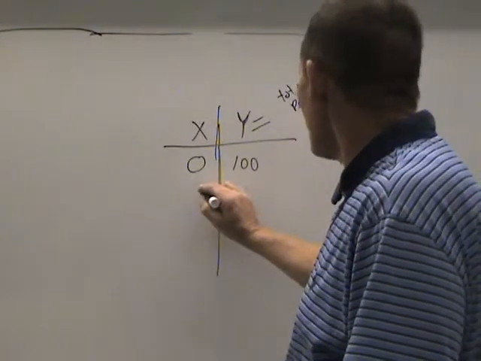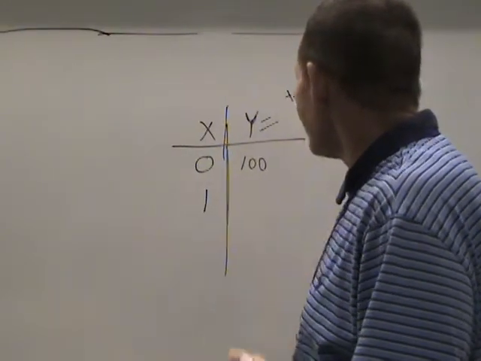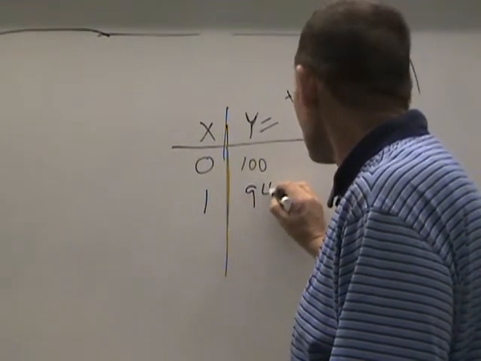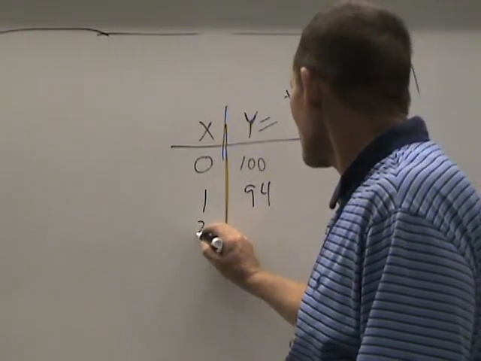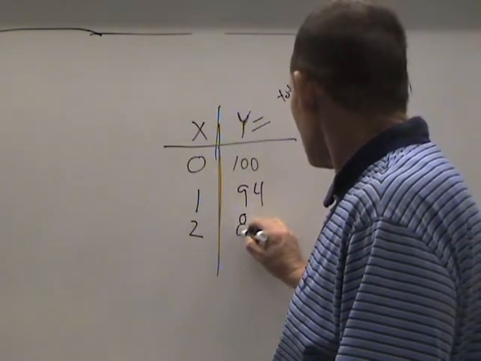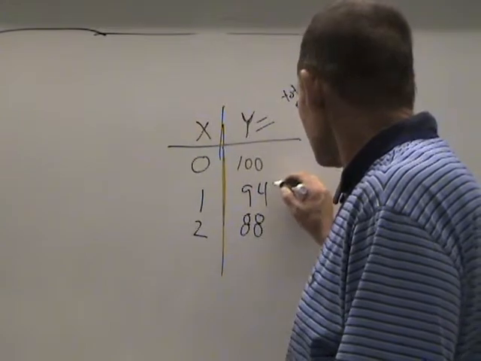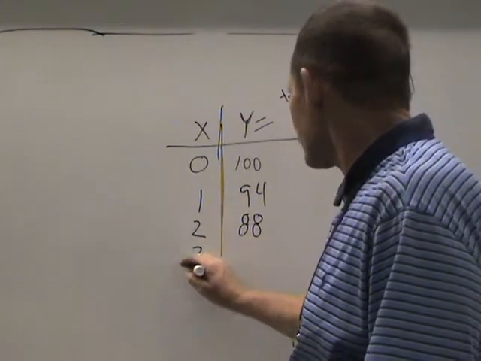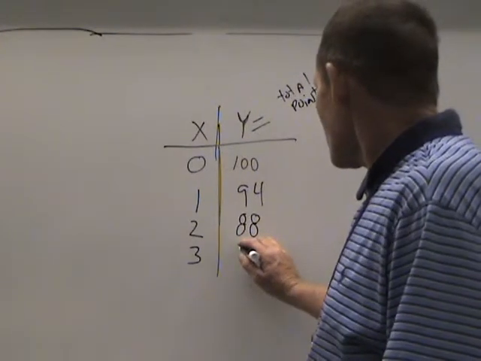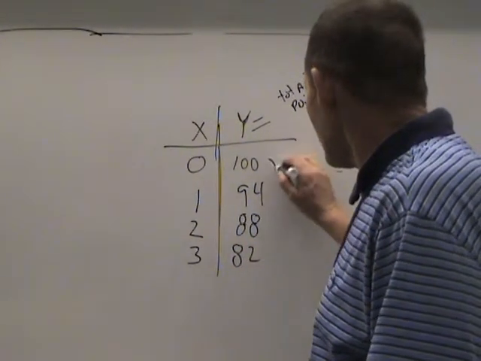And if I use one ride, how many points do I have left? 94. And if I use 2 rides, how many do I have left? I think it's 86? 88. 88, okay. It's reducing by 6. If I use 3 rides, how many do I have left? 82. Okay, so you see it's going by 6s.